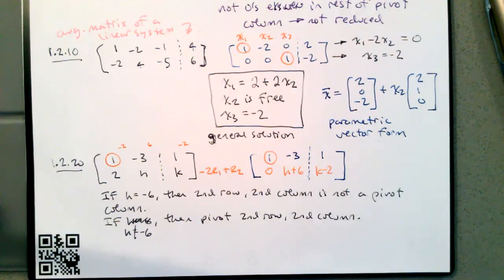If it could be 0, which means that k equals 2, then we have many solutions. So it is consistent. But if k is not equal to 2, we have a number. So then we have 0 equals a number, which is not true. So the system is inconsistent.